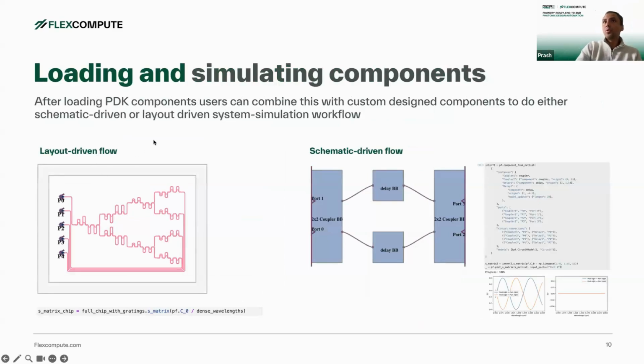Yeah, so once you load PDK components, you can combine them with your custom designed components. We'll see this shortly. And then you can do the schematic driven flow, or also the netlist driven flow, which is where you just place your components, connect them, define just connections, and then use that to run circuit simulation. Or you can also do a layout driven flow where you actually place your components, connect them, use that to build a netlist, and also run circuit simulation that way.